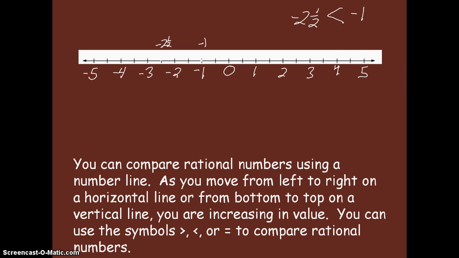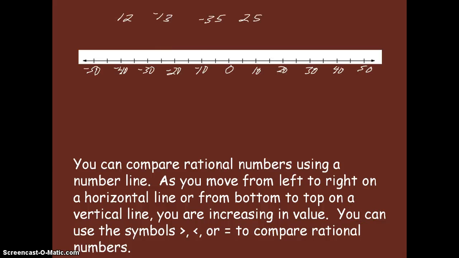All right, we'll do a couple more of these, and let's see how good you are. Okay, well here I have changed up our number line. We have 0 here, and then we have a blank, and we have 10, blank, 20, blank, 30, and so on up to 50. Here we have a blank, negative 10, blank, negative 20, and so on.